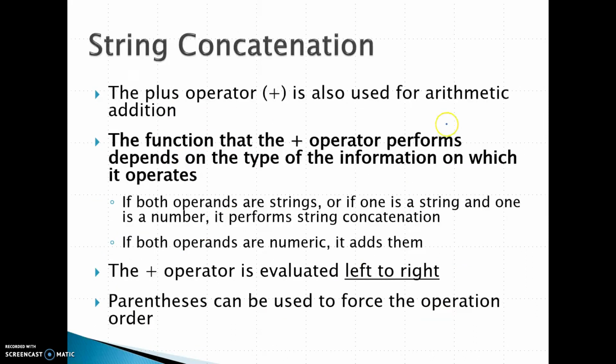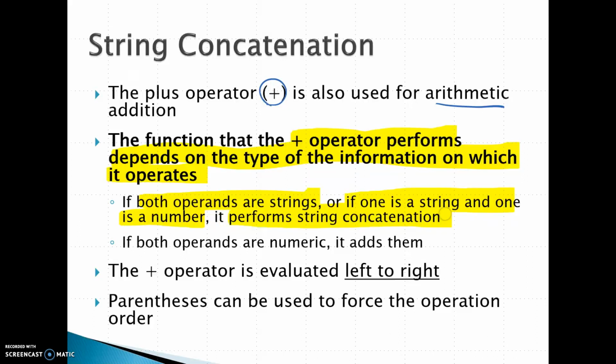So this plus sign can also be used for arithmetic. Now that can be confusing when the same symbol can be used to both add and concatenate. So this is a specific thing that we want to make sure we understand. The plus operator's behavior depends on the type of information on which it operates. So if both operands are strings, or if one is a string and one is a number, it performs string concatenation.